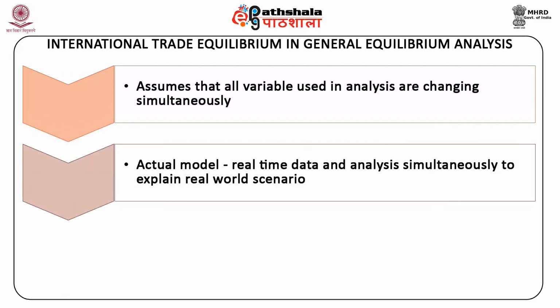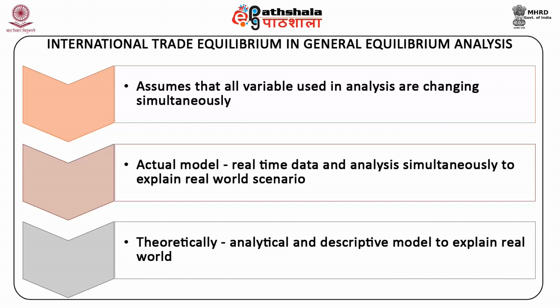The actual model of international trade equilibrium analysis requires real-time data and analysis simultaneously to explain real-world scenarios, but theoretically we use analytical and descriptive models to explain the real world of international trade.